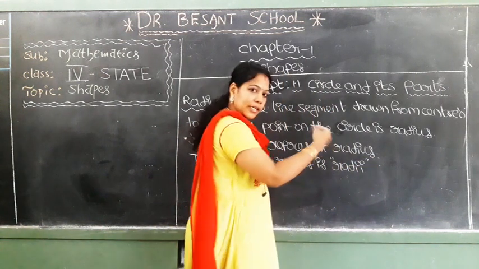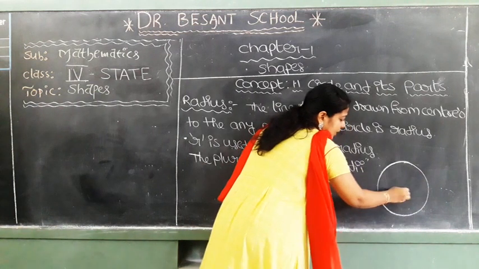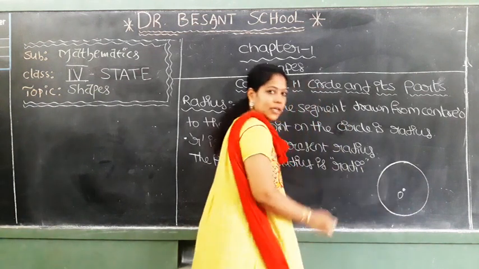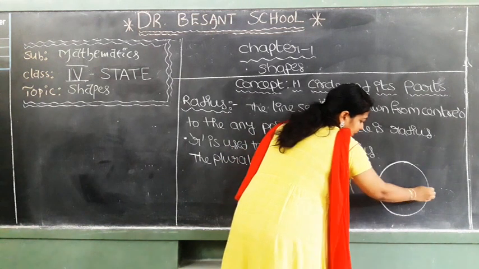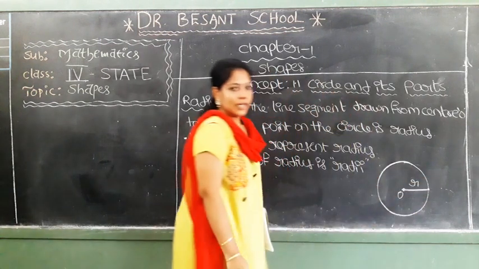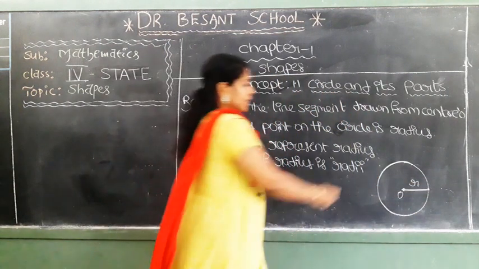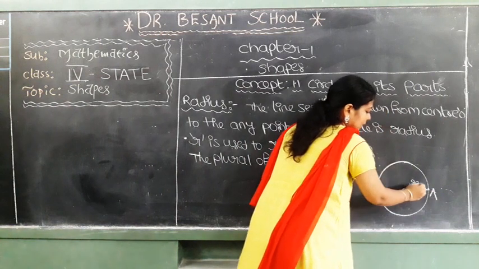I am drawing the diagram of radius here. This is the center O. The center O to any point on the circle, this one is called radius R. I am taking this point as A. Then this OA is the radius.